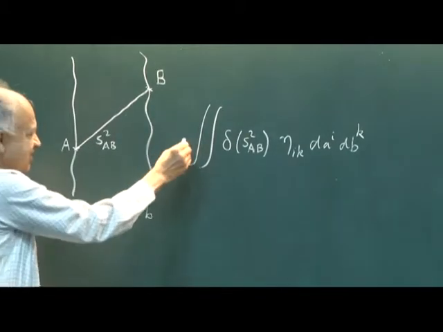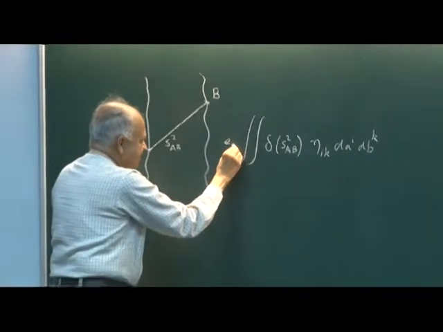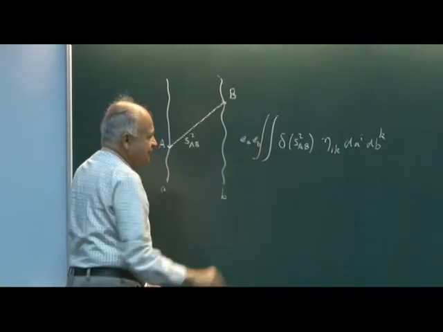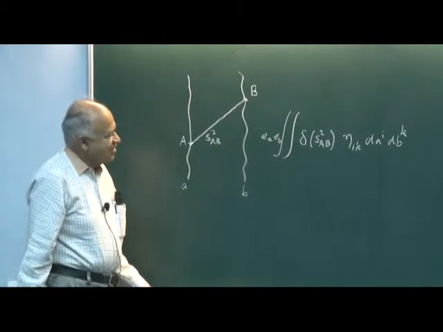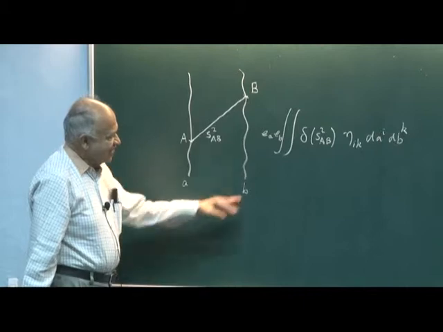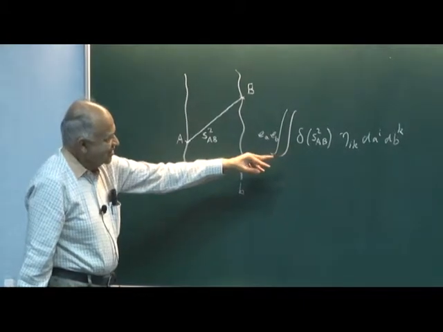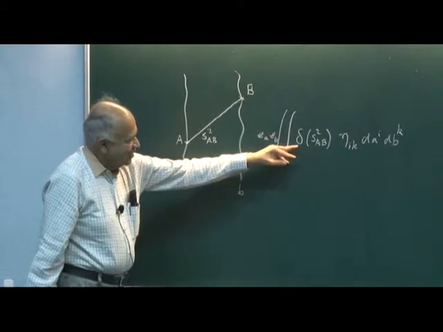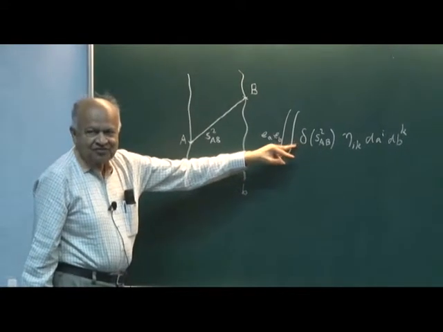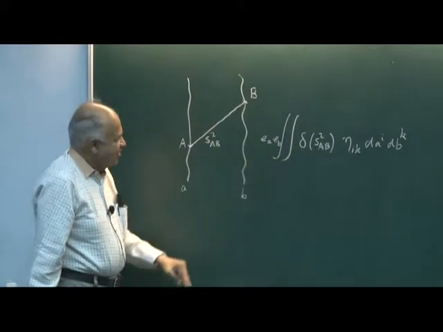There was an e_A e_B, the charges. And what we wanted to emphasize in this integral was that the only contribution will come to it when S square AB is 0 because of the delta function.